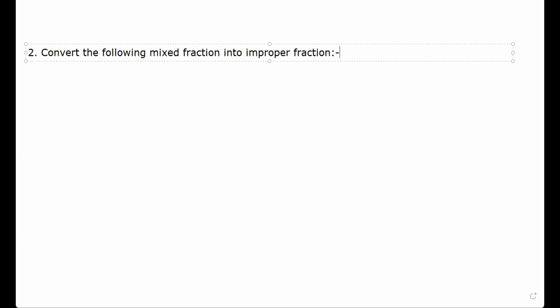We need to convert the following mixed fraction into improper fraction. So, dear students, as you can see, we need to convert the following mixed fraction into improper fraction.